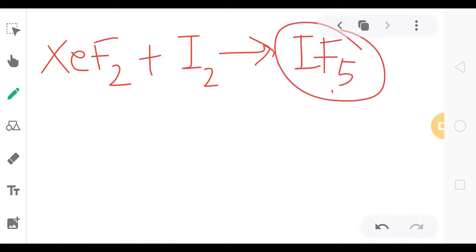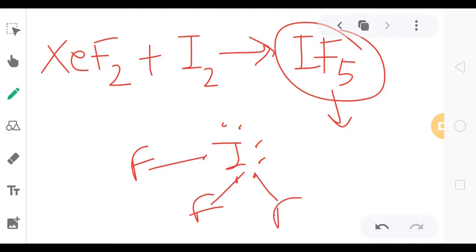So what is its structure? Iodine has 7 electrons in its valence shell. So 5 electrons get bonded with fluorine: 1, 2, 3, 4 and 5. Now what is left? One lone pair and 5 bond pairs, so a total of 6 electron pairs.